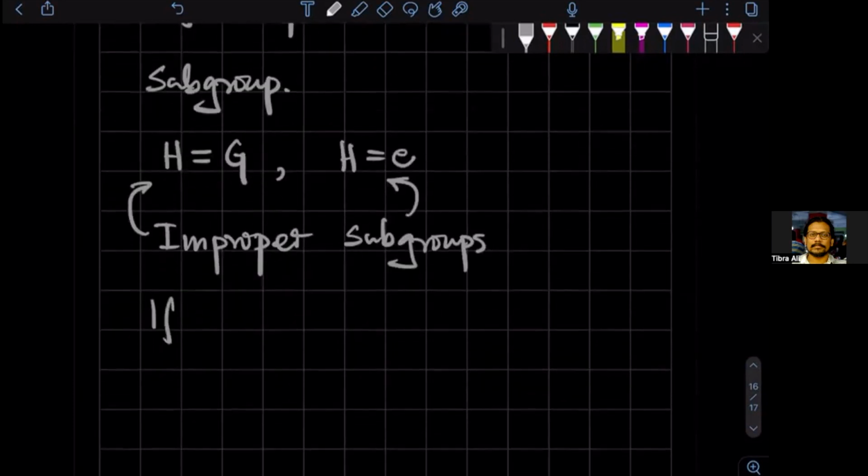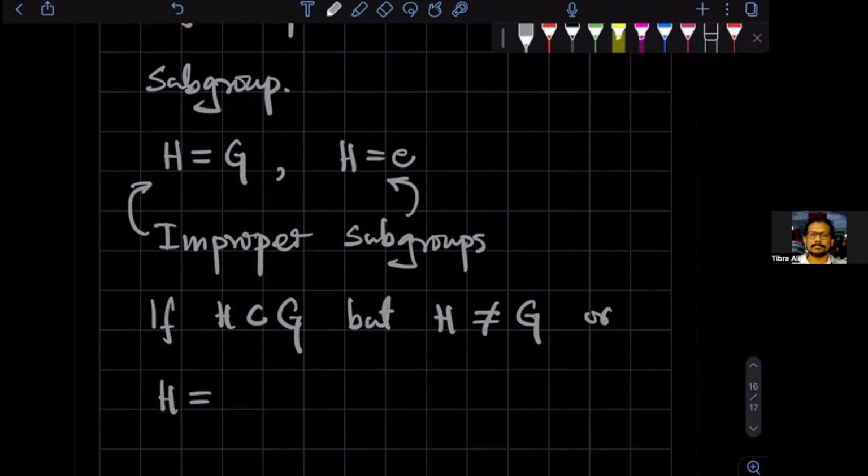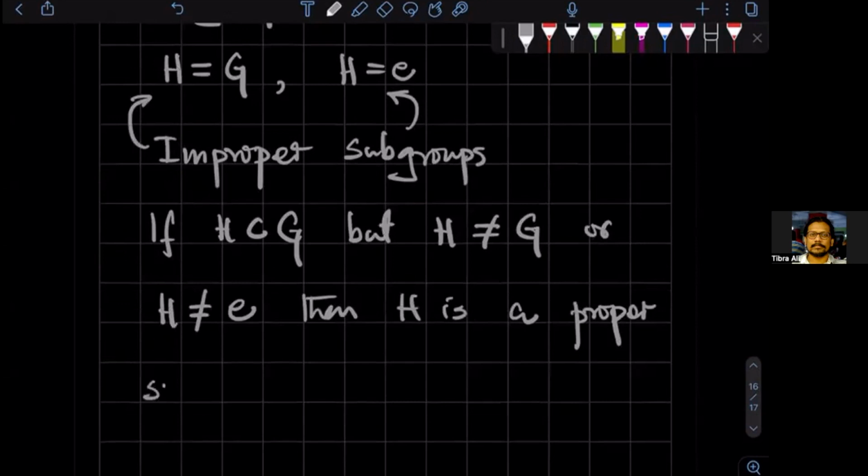So if H is a subset of G, but H is not G itself, or H is not just the identity element, then H is a proper subgroup. Okay.